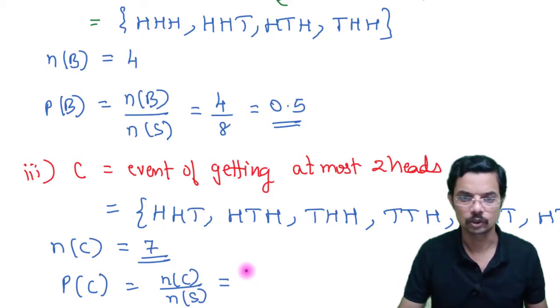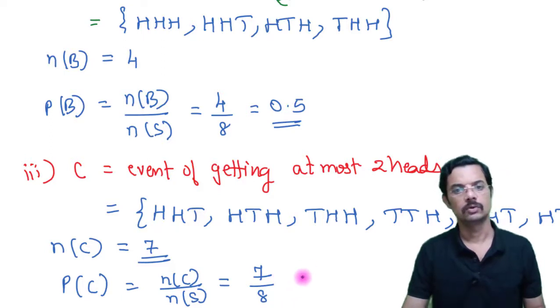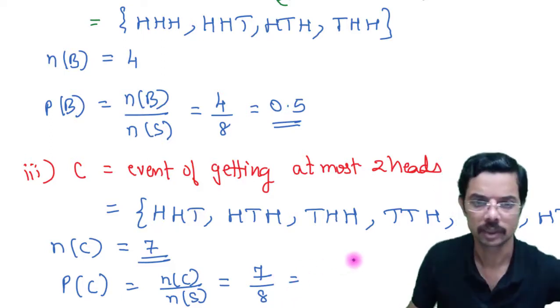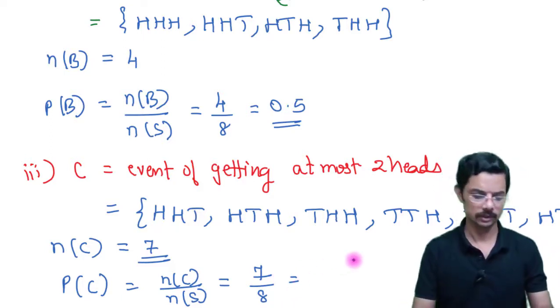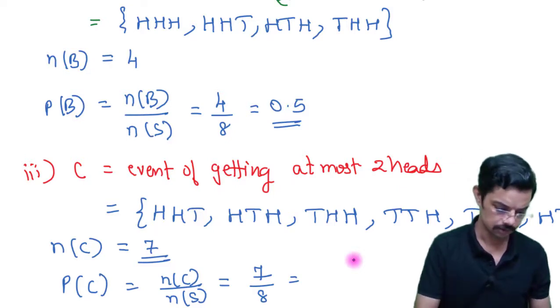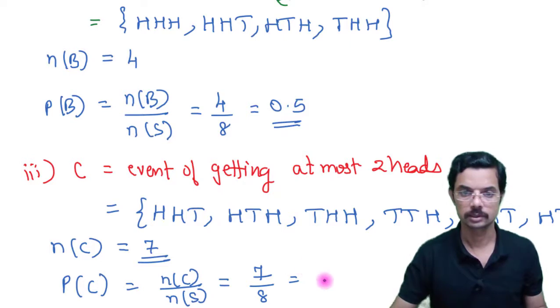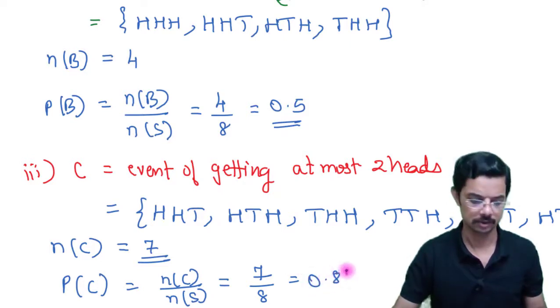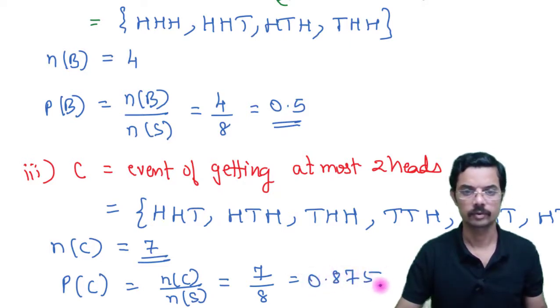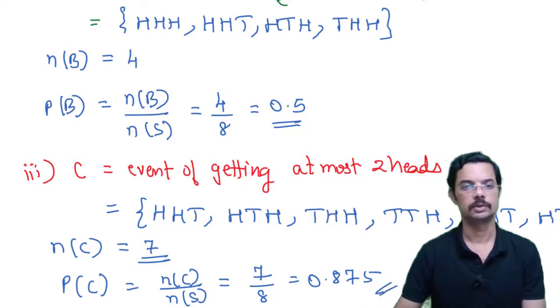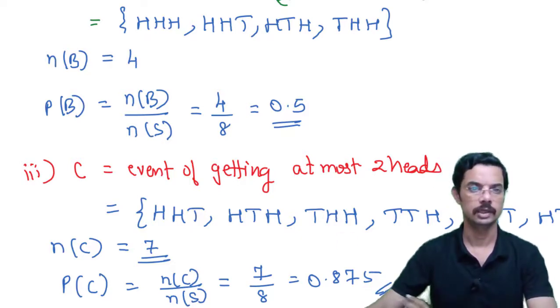So this is equal to 7 divided by 8, which can also be converted into the decimal 0.875. So that's it for this question. We shall move on to the next question.